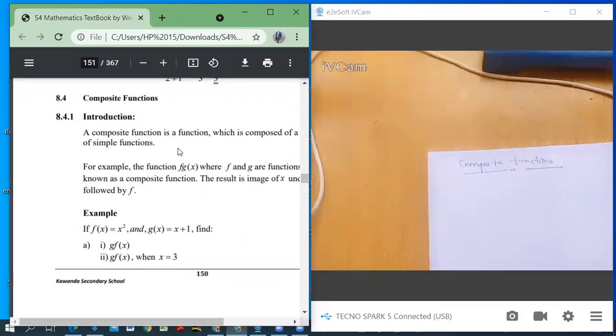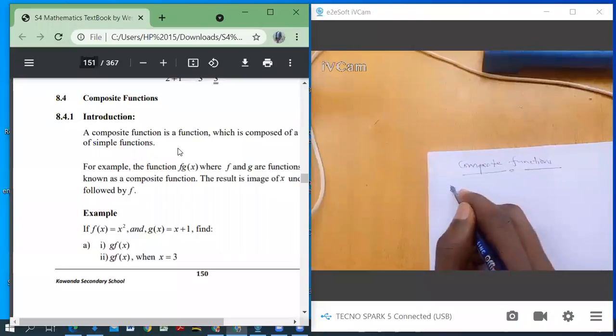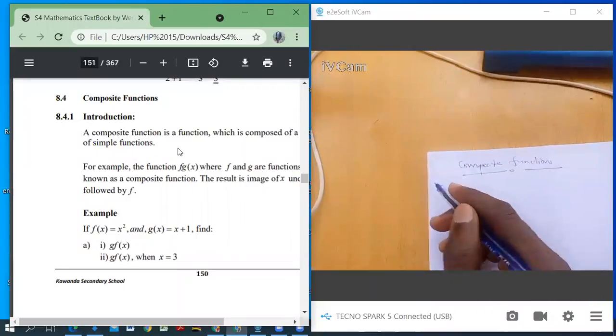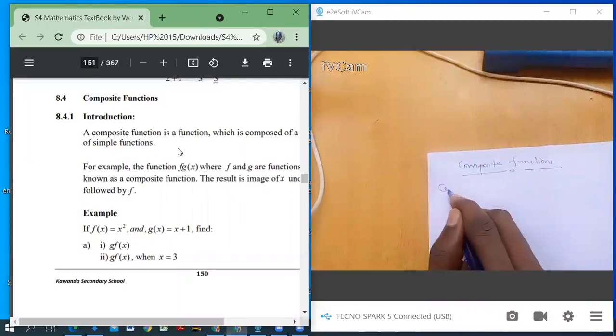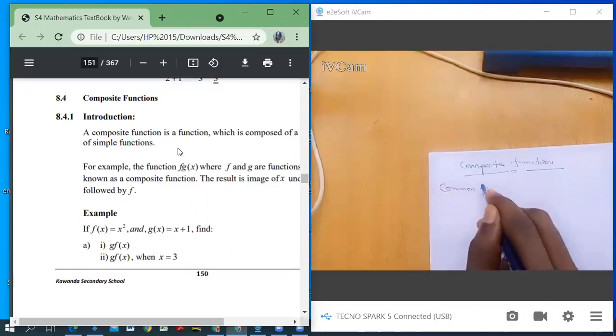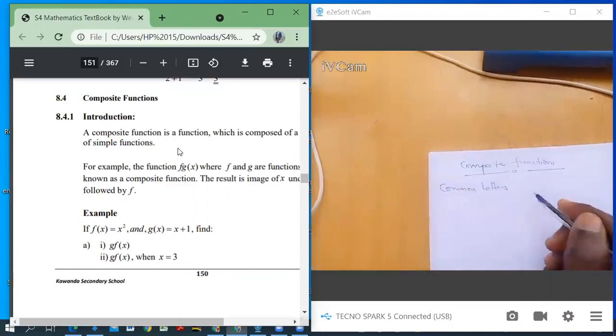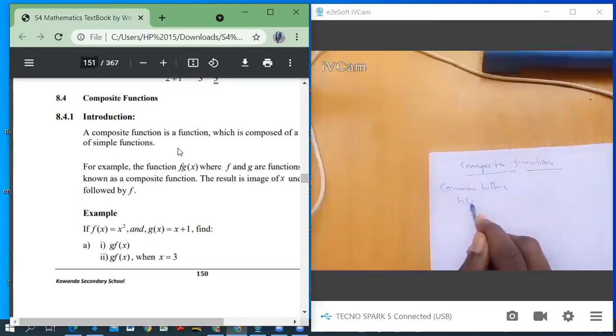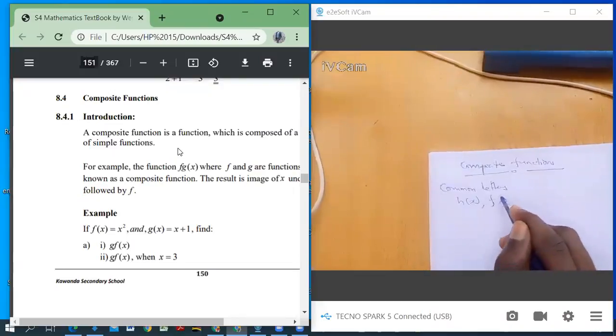So when you combine 2 functions together, we combine simple functions, like the ones we have looked at. We said we have very many common letters used for function. We have h of x, f of x, g of x.